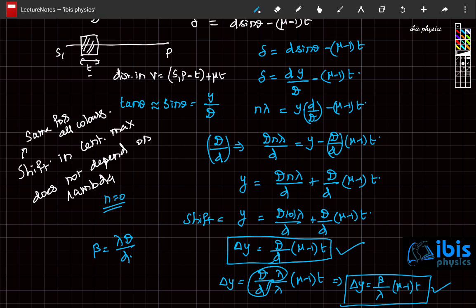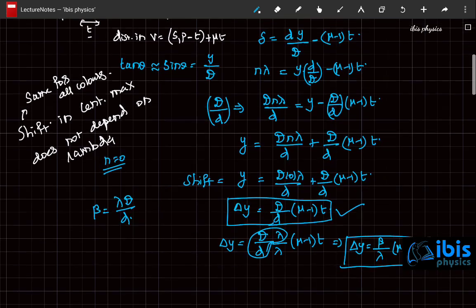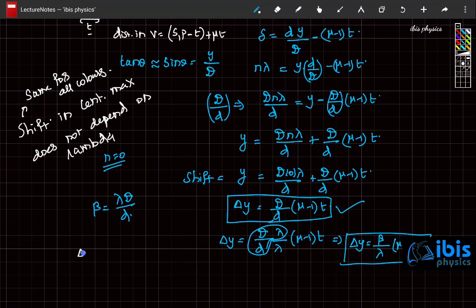And another thing to note is, if n is the number of fringes, you can also write how much is the shift by dividing by the number of fringes. So delta y, the shift, is D by d into mu minus 1 into t. Suppose you want to know how many fringes have been shifted, you just have to divide by beta.